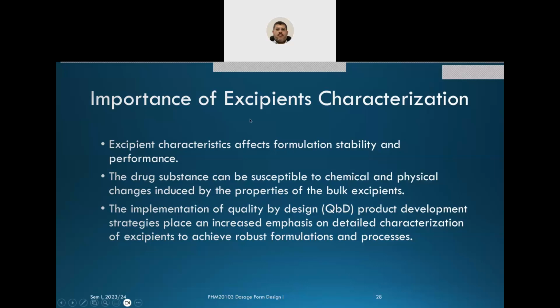So what is the importance of excipients characterization? Why do I have to know the characteristics or make tests for the excipients? Because they will affect formulation stability and performance. I give you a simple example.